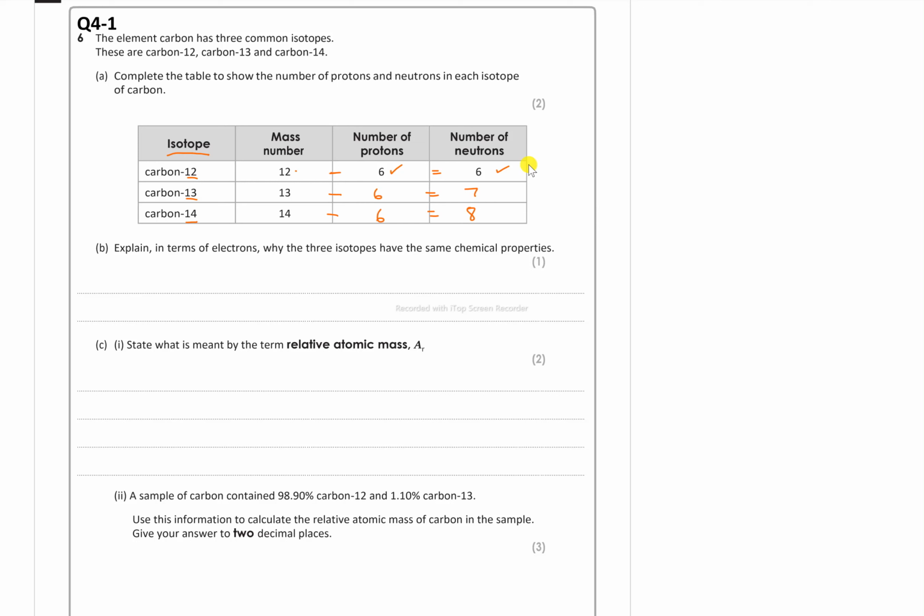So remember what we said. So the number of neutrons, so let's do this. Carbon 12. So that's the number of protons. Where are we? There. That's the number of protons. And this is the number of protons and neutrons. So all I do is I do 12, take away 6.